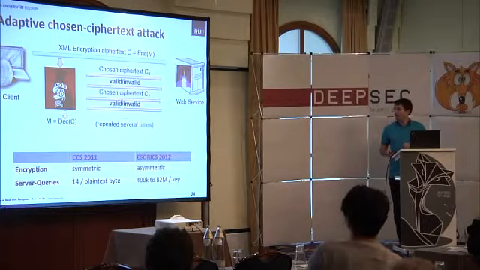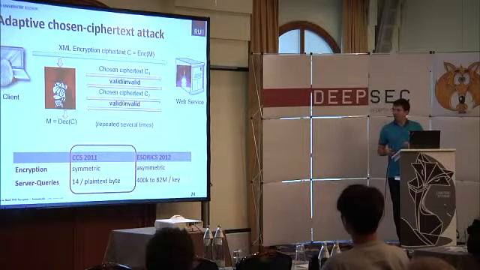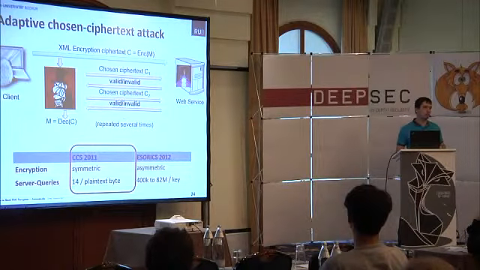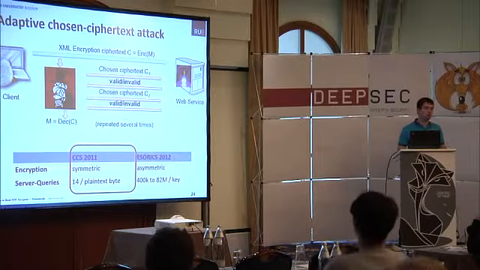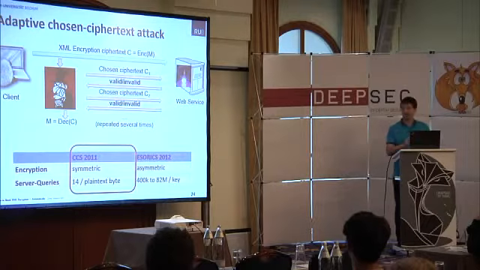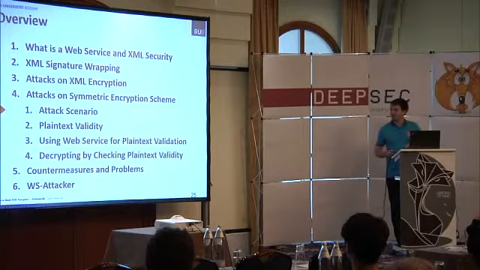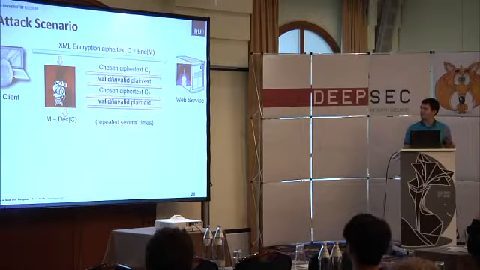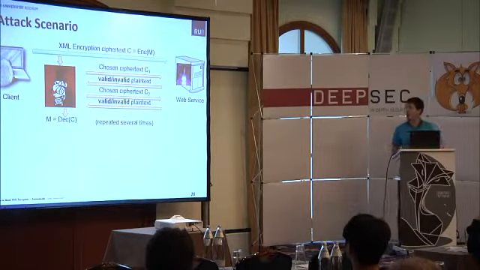Okay, good. So in the next few slides, I will show you the basic idea behind this attack on symmetric encryption. So how does it work? It will be a bit of math, but don't worry, it's okay. So we start with the attack scenario, and we have, as already mentioned, this adaptive chosen ciphertext attack.